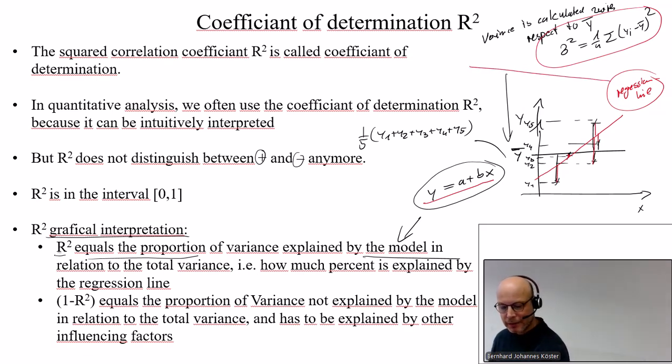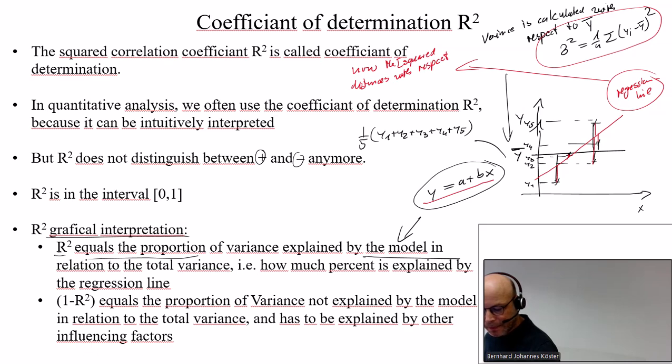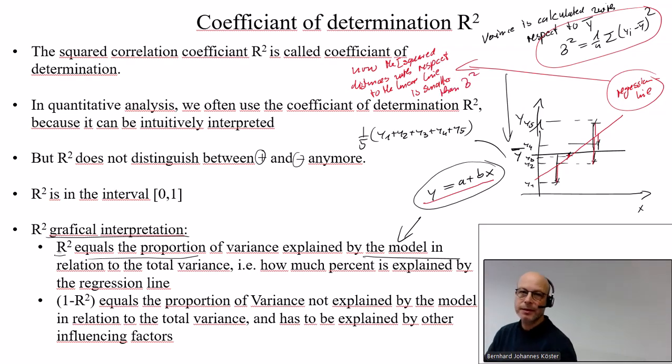So now the sum of the squared distances with respect to the linear line is smaller than sigma squared.